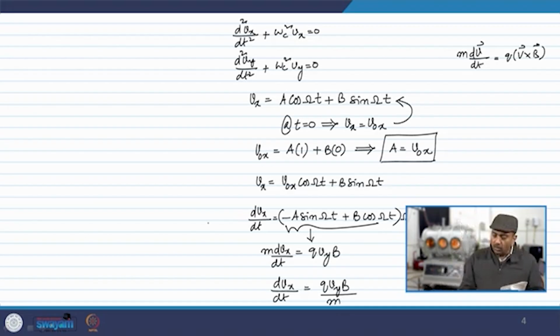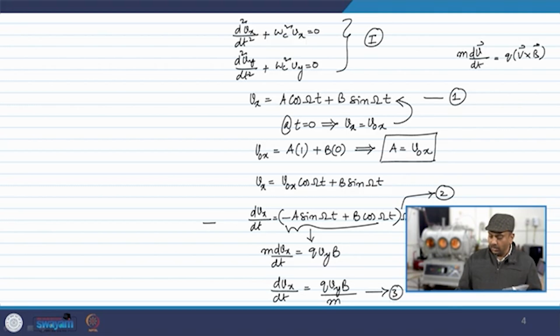Now, let us say we call this set of equations as equation number 1, and this one as equation number 2, and this one as equation number 3. Now, what we can do is we can compare equation number 2 and 3.